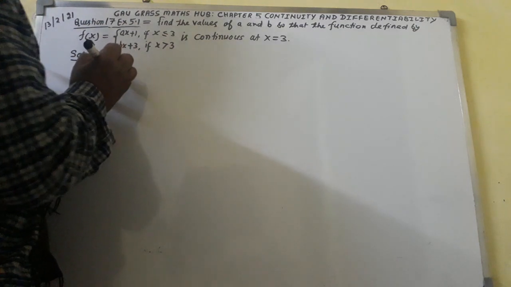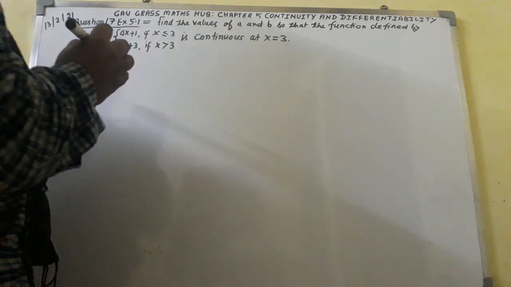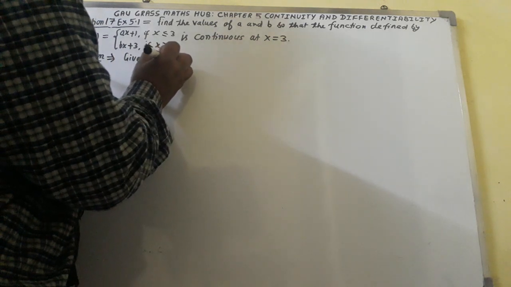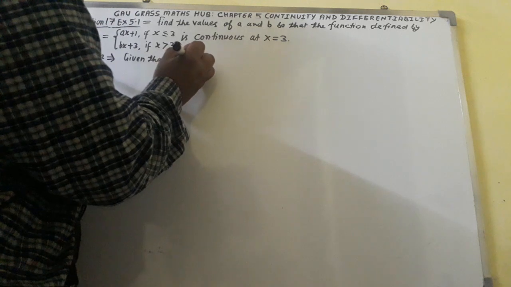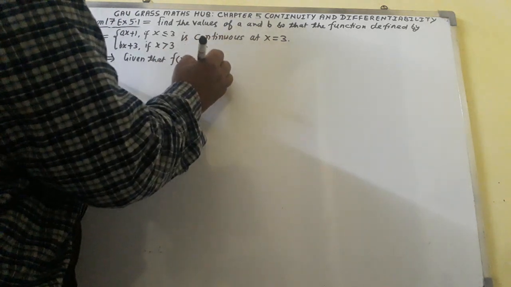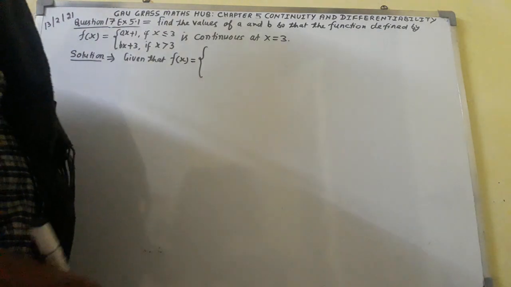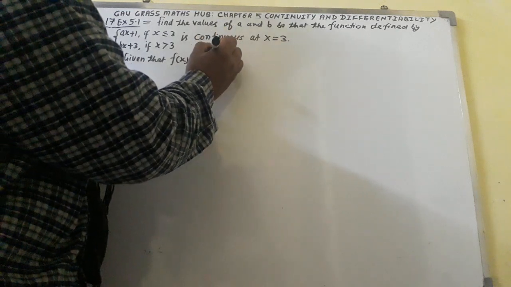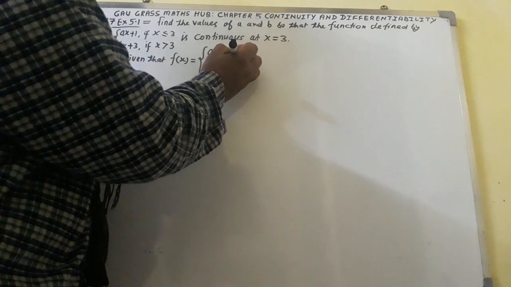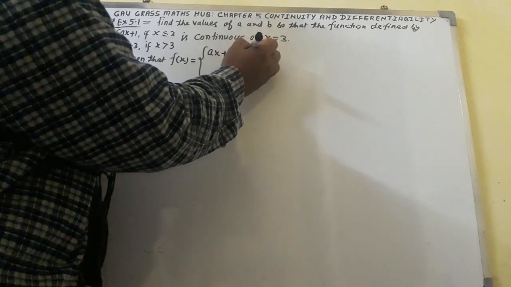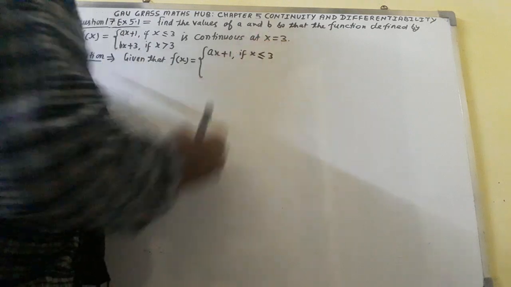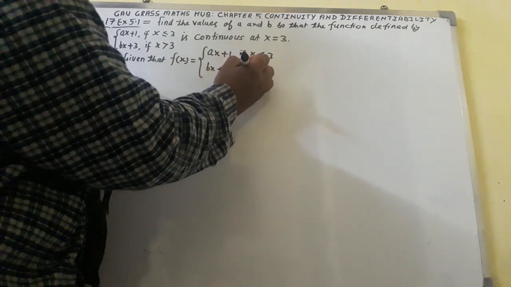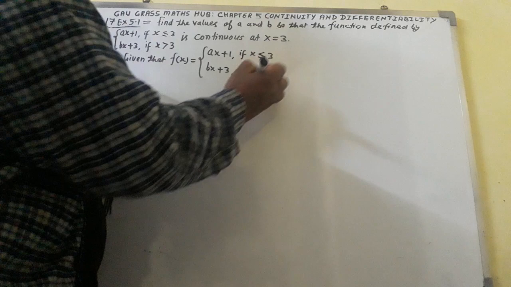Solution: given that f of x is equal to, opening a curly bracket, ax plus 1 if x is less than or equal to 3, and bx plus 3 if x is greater than 3.